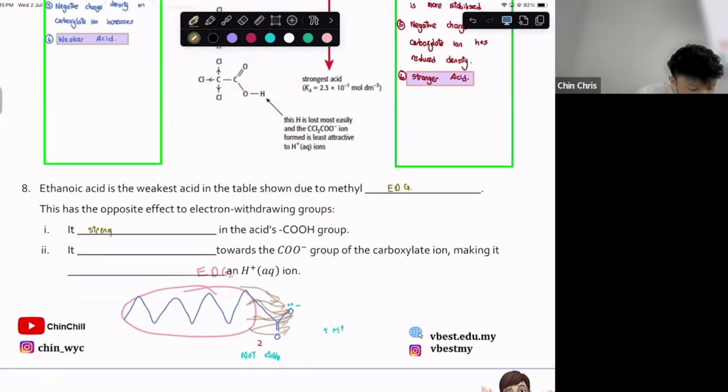It strengthens the OH bond, which means it pushes electrons towards the COO group, making it more likely to accept a H plus ion. So, yes, ethanoic acid. Why?